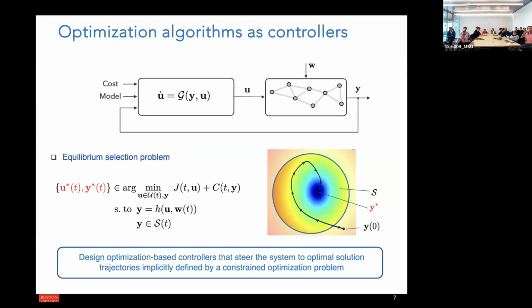So this problem here effectively defines an optimal operational point that I would like to have for my system, had I the ability to solve this problem to convergence, and had I the opportunity to observe my W. What instead we would like to do is to design this block here, so that we're able to drive the state or the output of my system to this particular equilibrium point, again, without having access to W. This is in the static case.